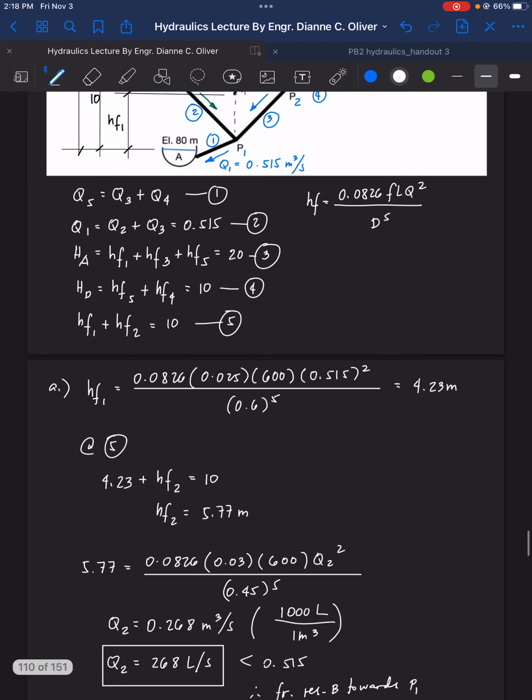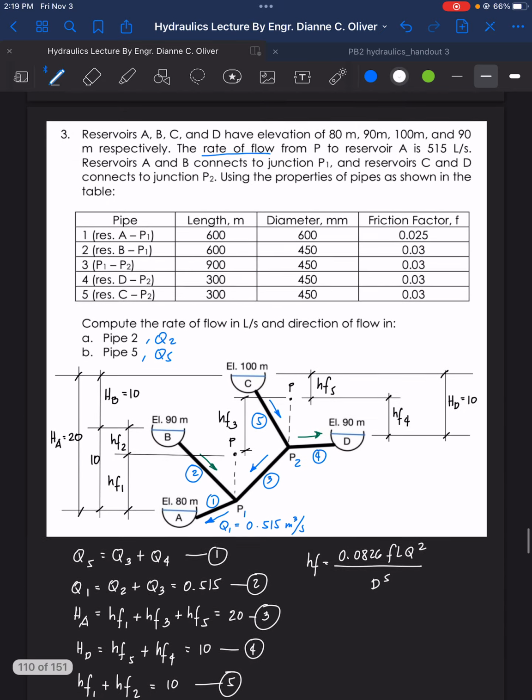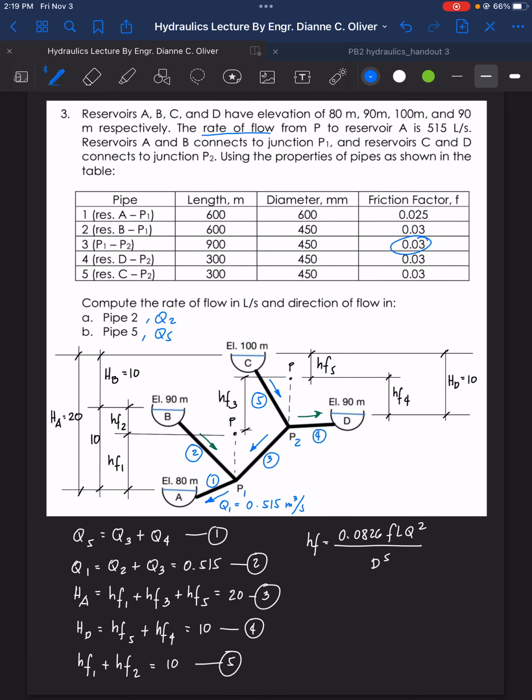Next, at equation 3, we have HF1 plus HF3 plus HF5 is equal to 20. We can solve the HF3 already. So HF3 is 0.0826. What is the F for 3? F is 0.03, diameter 450, length of 900.